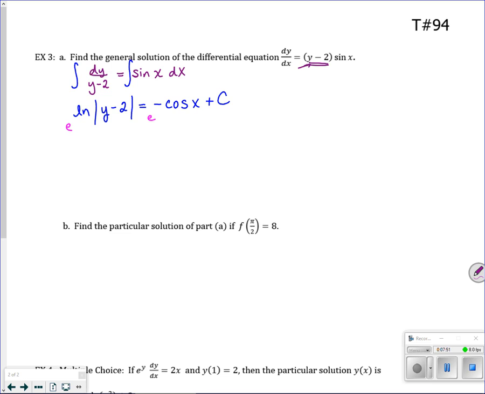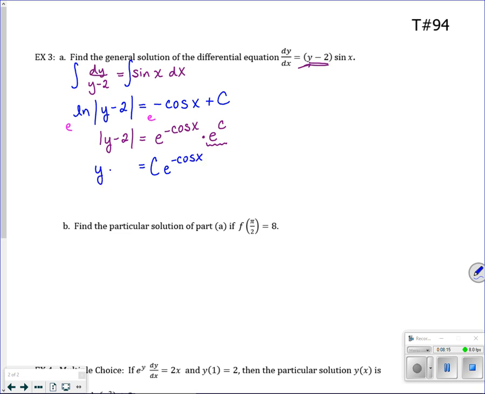Now that you've seen it, again, you can kind of not write as many steps, but I'm going to write it one more time. I would have e to the negative cosine times e to the c. This becomes your big C. So I have this right here.